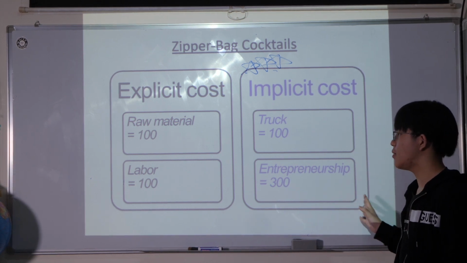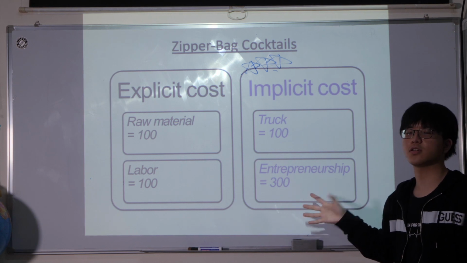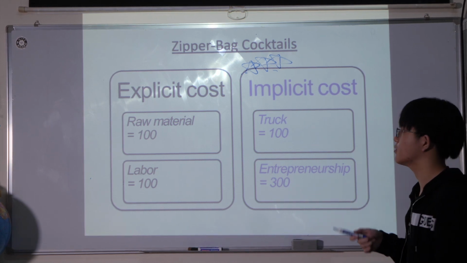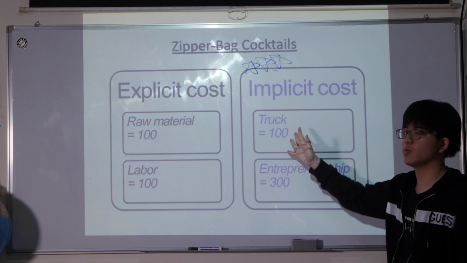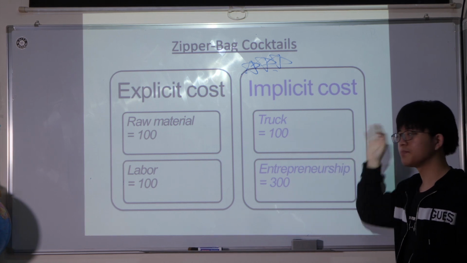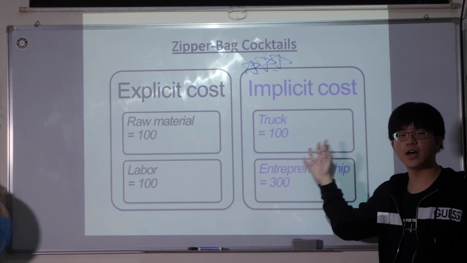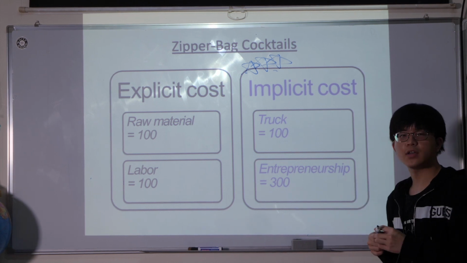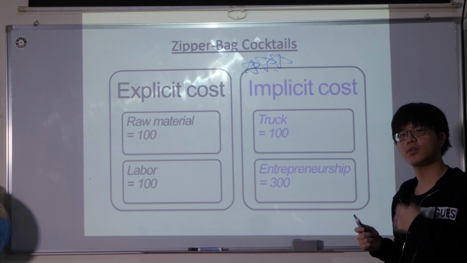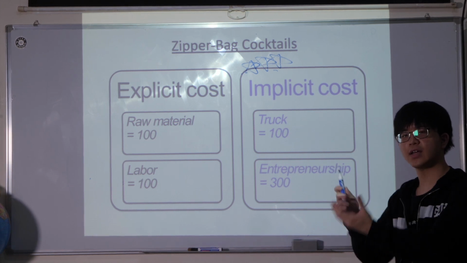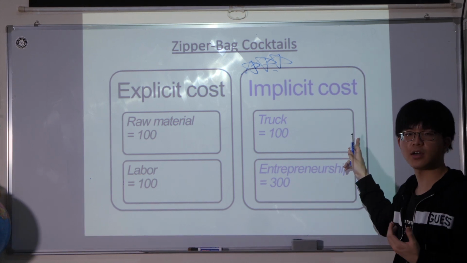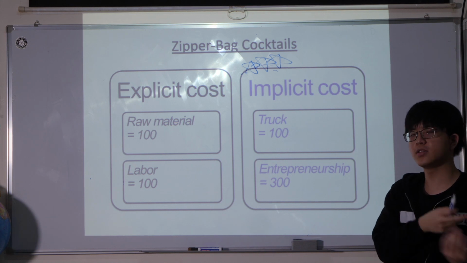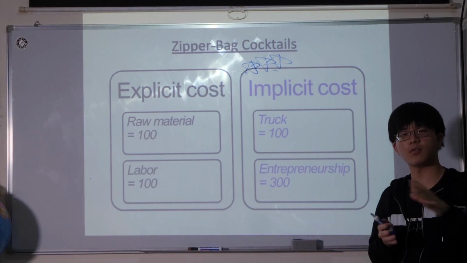earn an income of $300. We just assume that, okay? And the truck will cost $100. This means that if you use the truck another way, like if we provide a delivery service, we can receive a price for delivering by using our truck, right? Or even if it's a food truck, still we can earn some income, right?